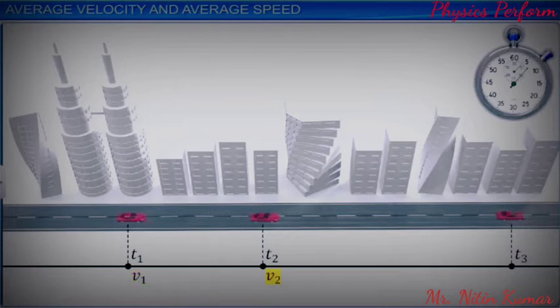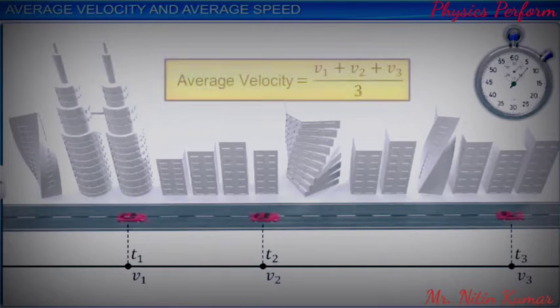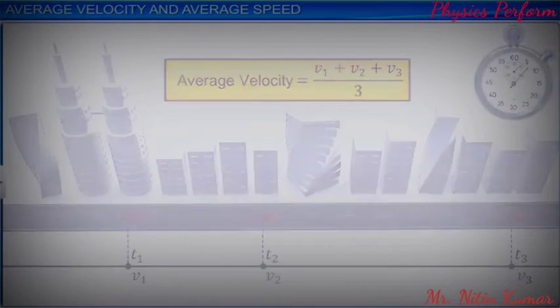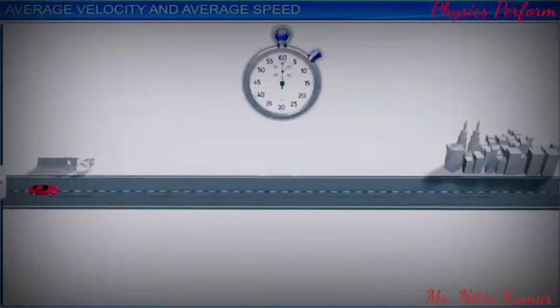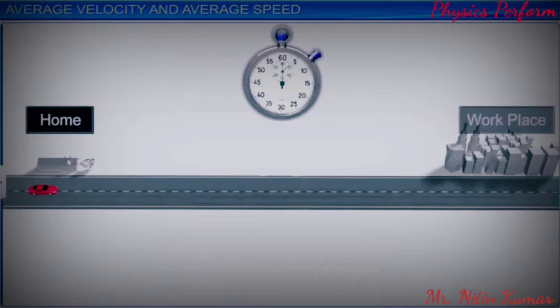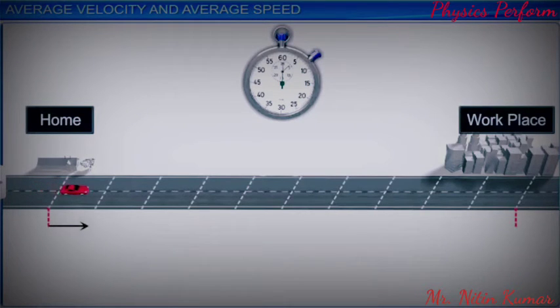Let us consider a scenario where a person is traveling from his home to his workplace and back home in his car. The path traversed by him is a straight line. When he goes to work, the displacement of the car is equal in equal intervals of time.